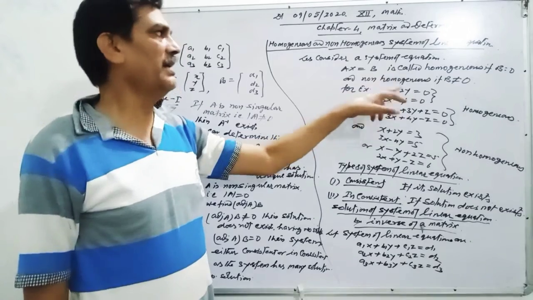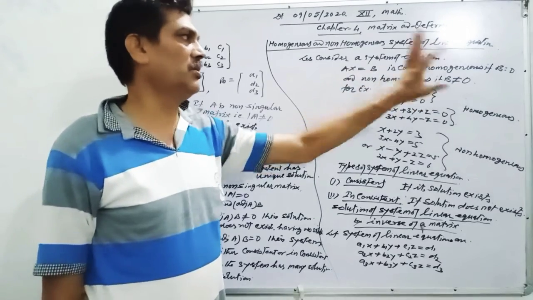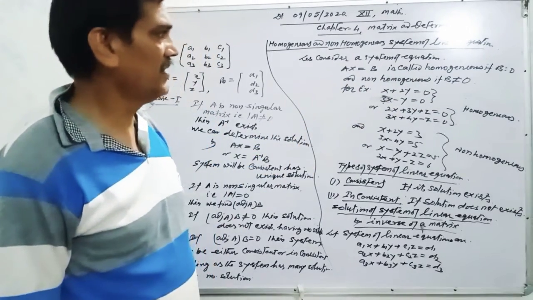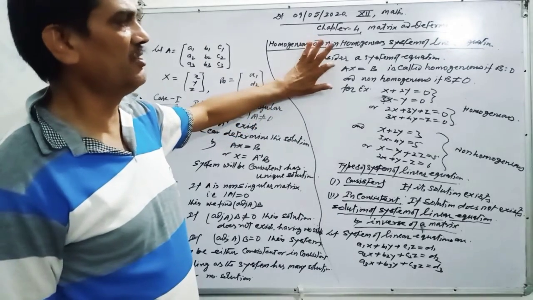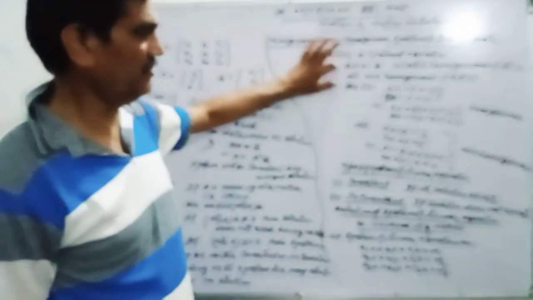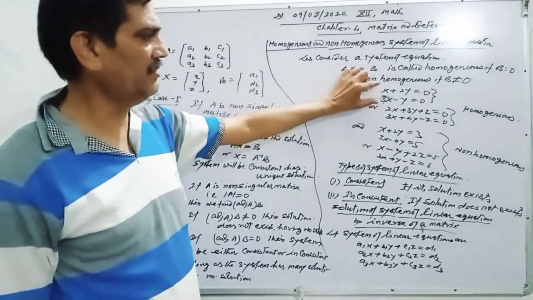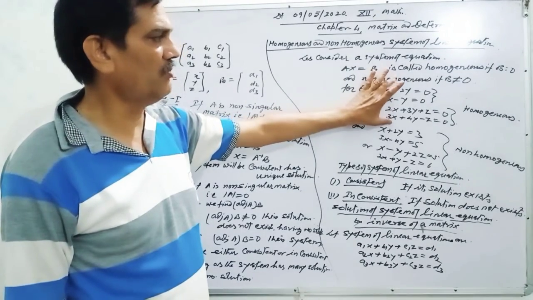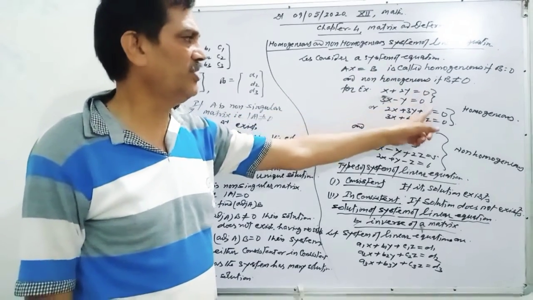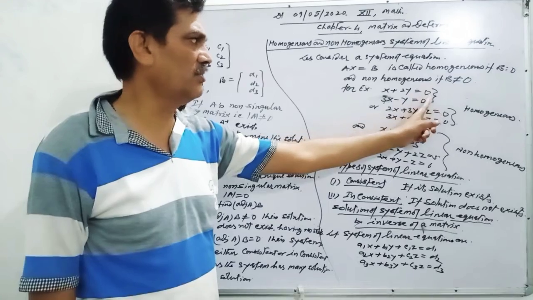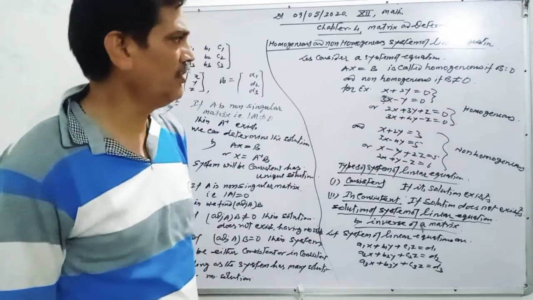Now see here, if B is equal to 0, then this system is called homogeneous. Examples are given here. These are the examples of homogeneous systems, where the matrix of constants is 0, 0.